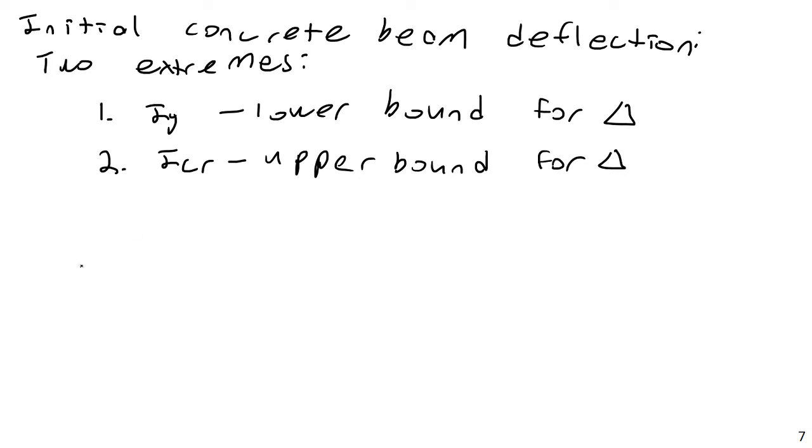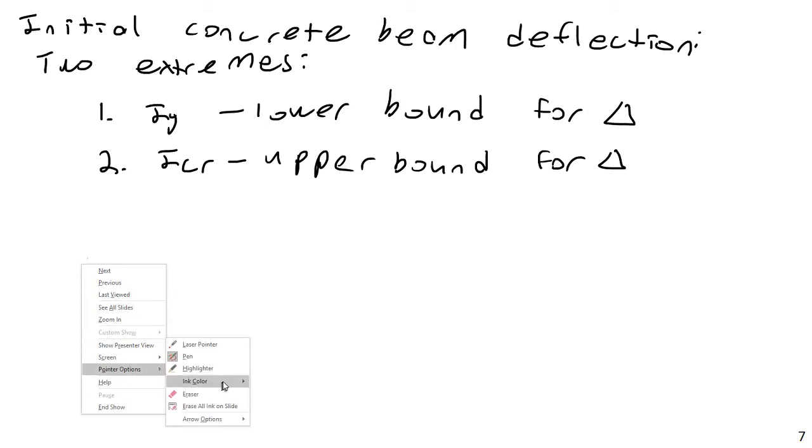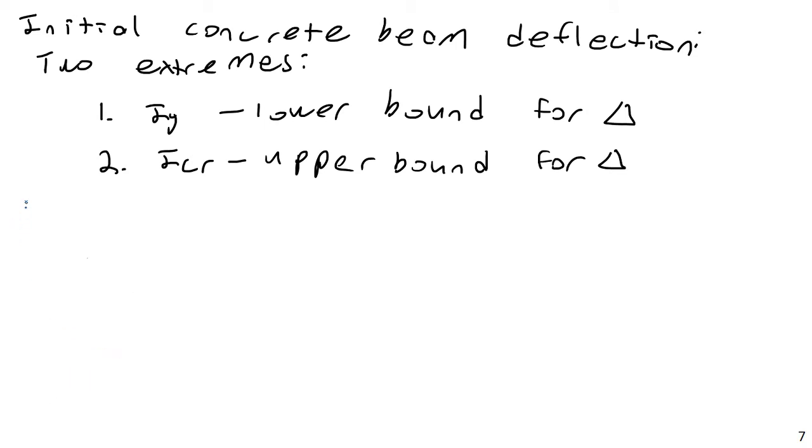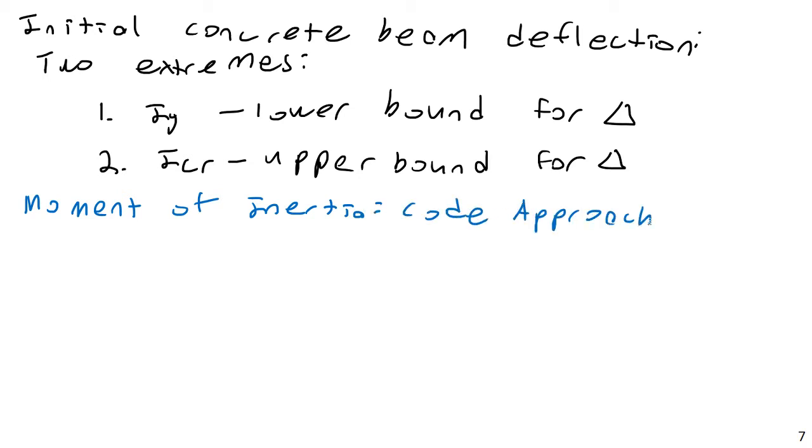So instead, what we use for the code approach, the moment of inertia code approach, or the ACI approach, combines these two together. We use the following formula.